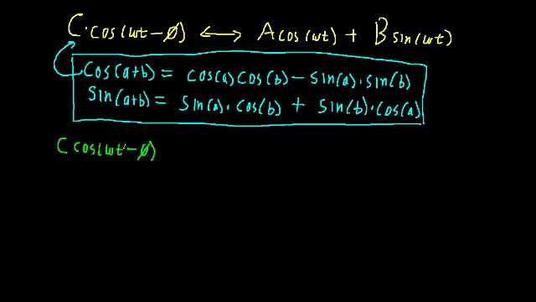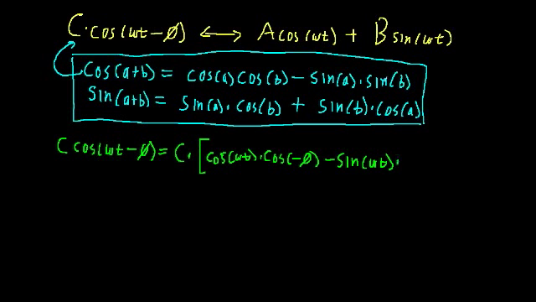Omega t corresponds to our A, and negative phi corresponds to our B. So if we do it out, we get C times, in parentheses, cosine of A, which means cosine omega t, times cosine of B, which is cosine negative phi, minus sine of A, which corresponds to sine of omega t, times sine of B, which corresponds to sine of negative phi.